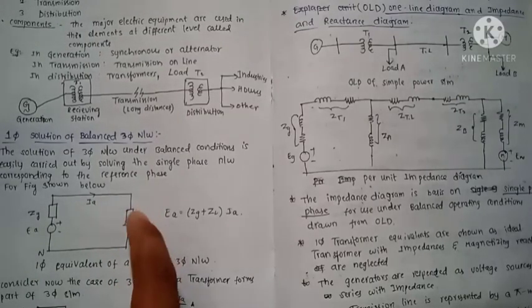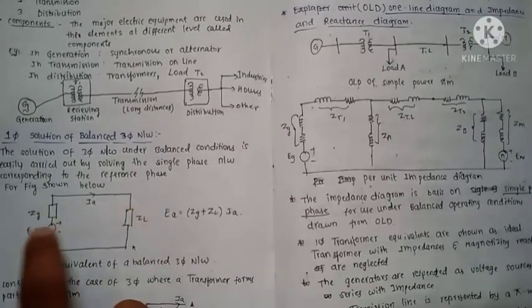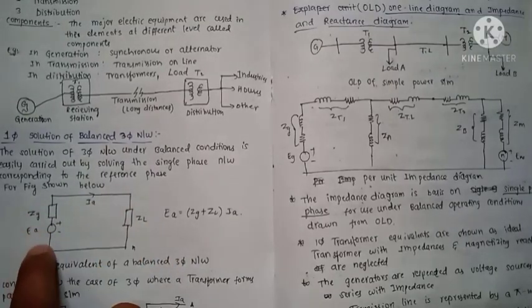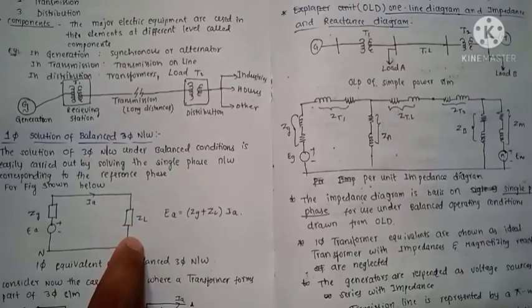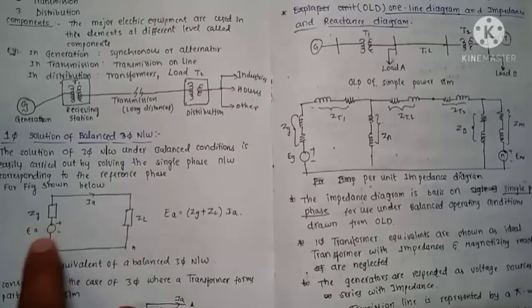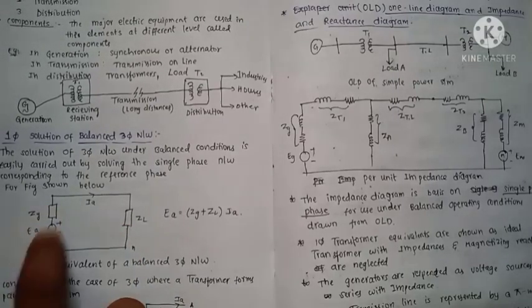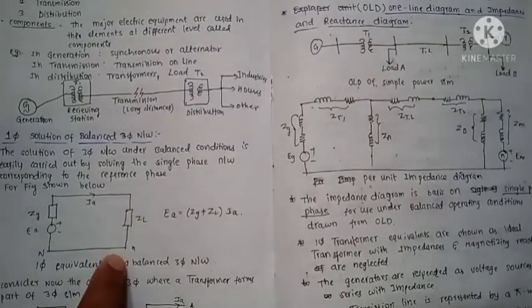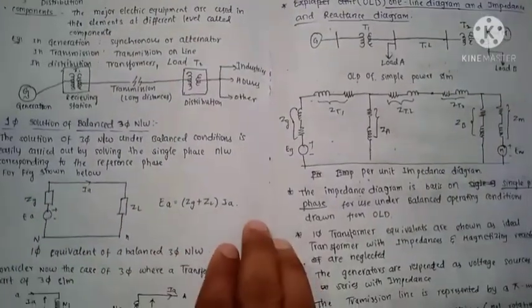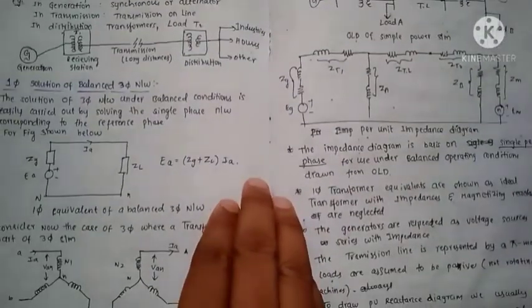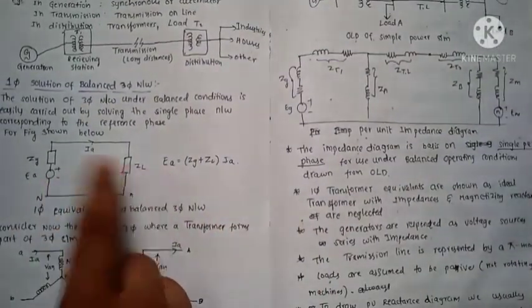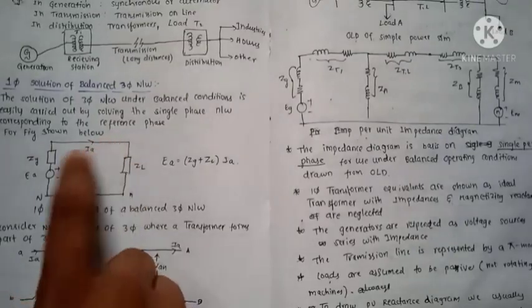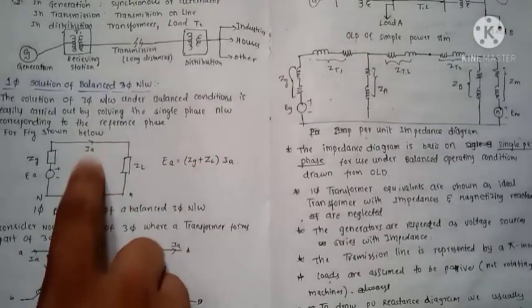Here we have only one phase and a neutral, which constitutes a single phase. You'll come to understand by taking the next example, where Ea is given as Zg plus Zl, the two impedances, multiplied by Ia.